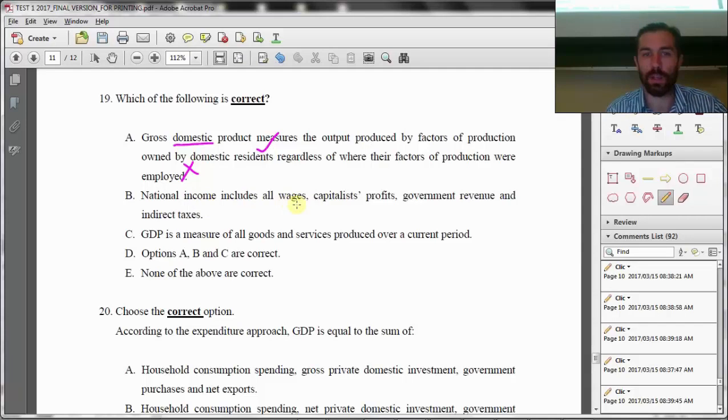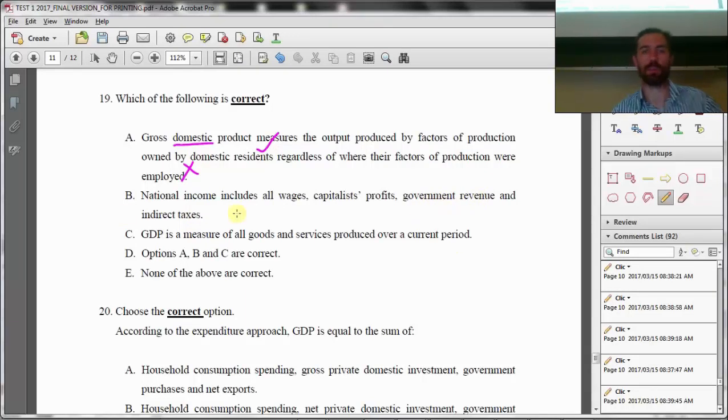National income includes all these things. No, national income does not, for a number of reasons. But indirect taxes, not really. Government revenue, I don't think that that's part of national income.